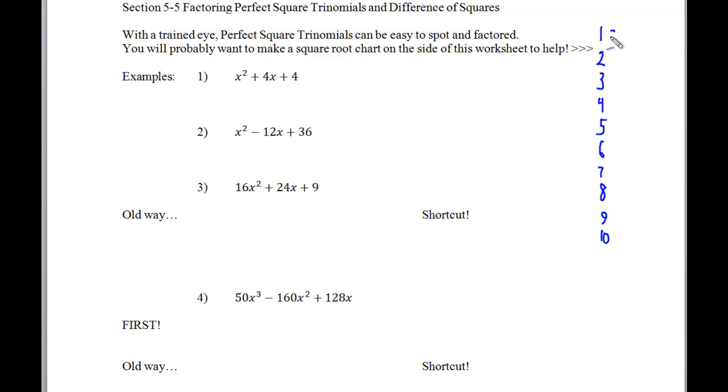And then square those numbers, and those become the rootable numbers that you're going to be looking for. So 4 squared is 16, so therefore the square root of 16 is 4. And this is invaluable, especially as you start a test or a quiz where you have difference of squares or the perfect square trinomials.